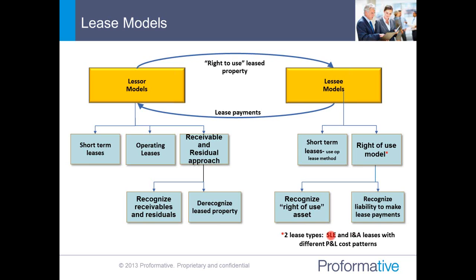The SLE, or single lease expense, is going to be just like today's GAAP for operating leases, where the lease expense is going to be a straight line average of the rent, the minimum lease payments over the lease term, whereas the I&A accounting method is going to be just like capital lease accounting, where the right of use asset is amortized straight line, and the liability is accounted for using the interest method, such that the P&L cost pattern is front-ended versus the SLE method, where the lease cost is level.